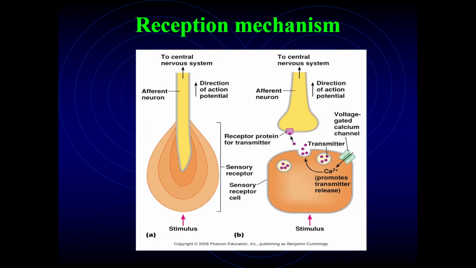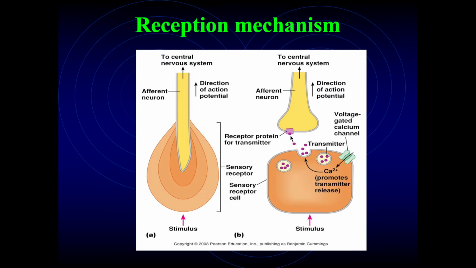How does it occur? Transduction. The stimulus changes the permeability of the membrane mainly for sodium ions.